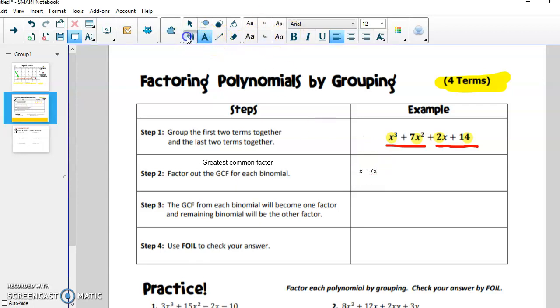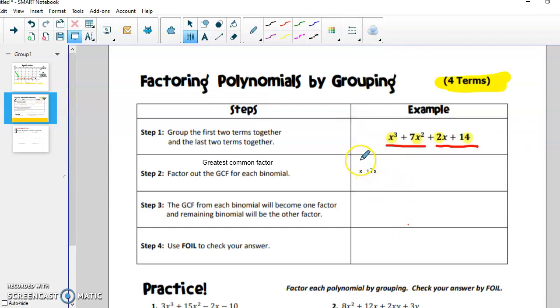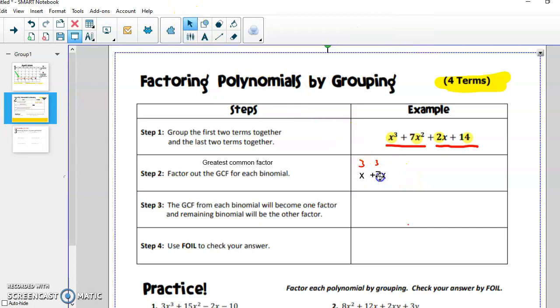And I'll write in our thirds and our squares here. So when we see this binomial, we need to think about what these 2 terms have in common. What can I factor out of this first term and this second term?